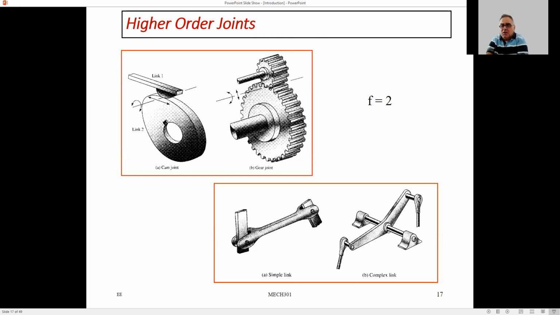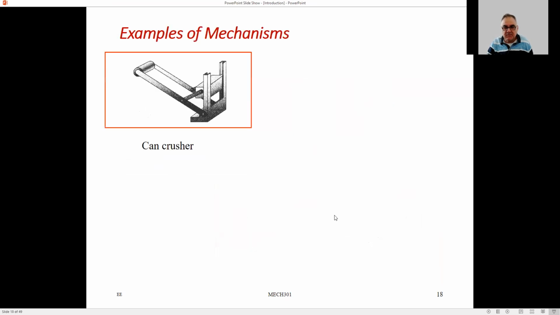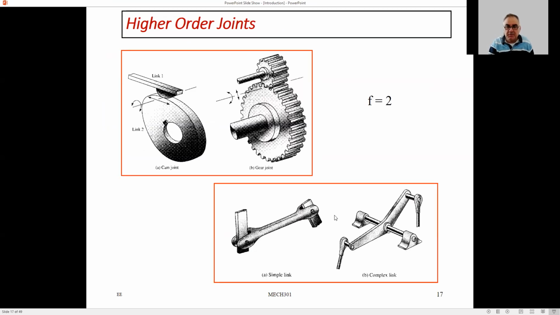Don't ask me why and how now. I will explain this later next week. So there are simple links and complex links that can be formed using these mechanisms as well.